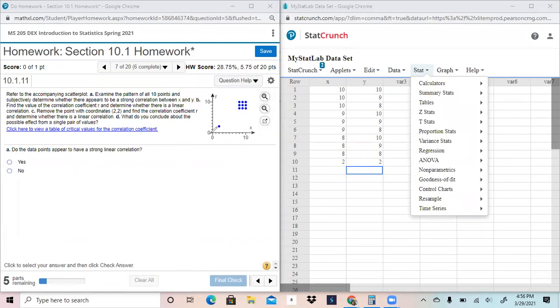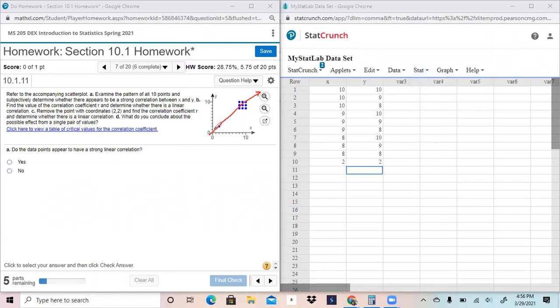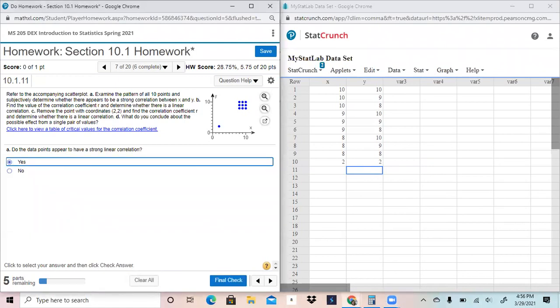I could easily see that drawing a line through here would include 4 of the 6, and then it would definitely minimize the distance between these other two, 3 above and 3 below. So looking at all of these, yes, we have a good linear correlation going here.